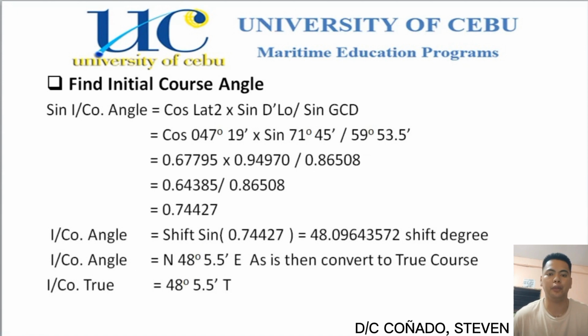So put north first, then 48 degrees 5.5 minutes, and after that the suffix, and then convert to the true course. The initial true course is 48 degrees 5.5 minutes true.